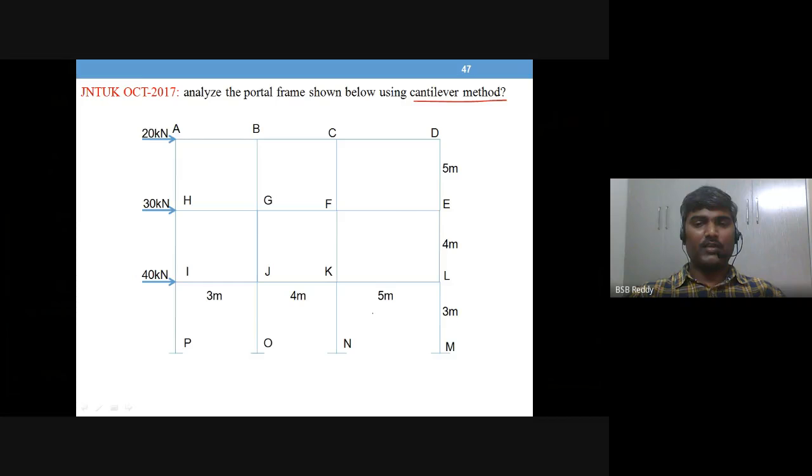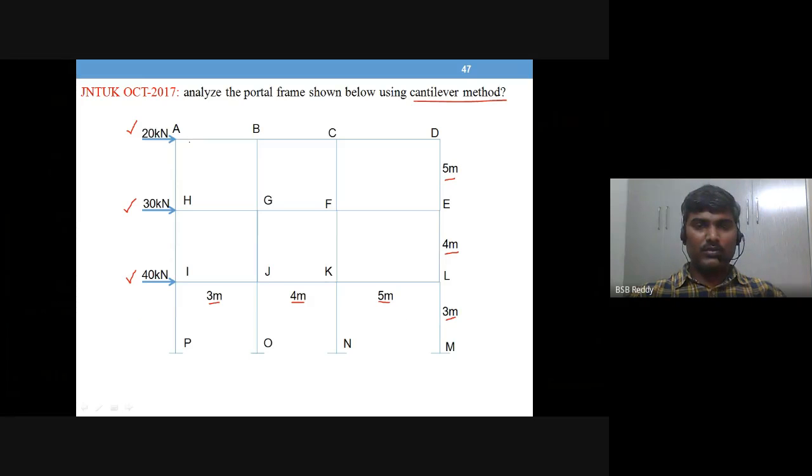It's again a three-storied, three-bay building frame. 20 kilonewton at the top floor, 30 kilonewton at the middle floor, 40 kilonewton at the bottom floor. The spans are 3 meters, 4 meters, and 5 meters, and the floor heights are 3 meters, 4 meters, 5 meters, same as the span order.